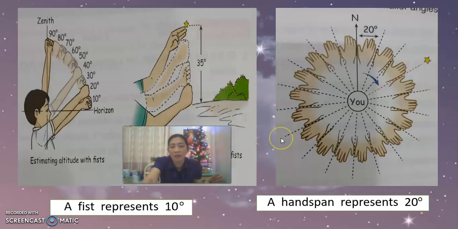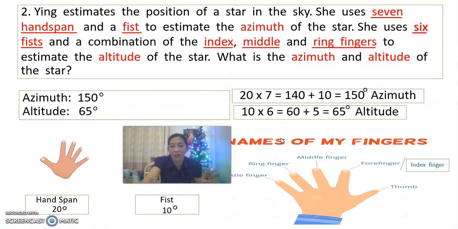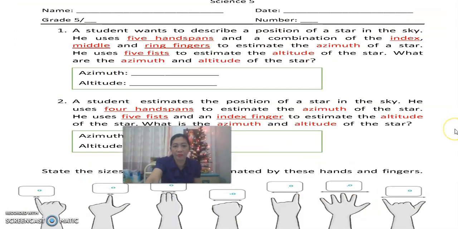So plus 5 equals 65 angles. So the altitude is 65 angles. That is the azimuth and the altitude of the star. That is how to compute the azimuth and altitude.